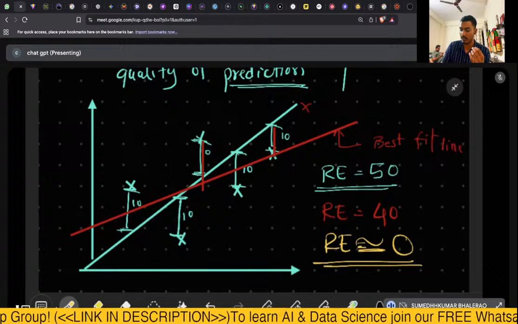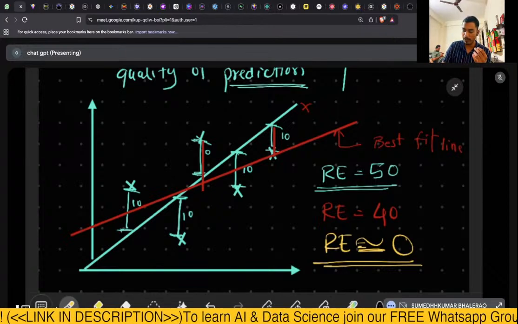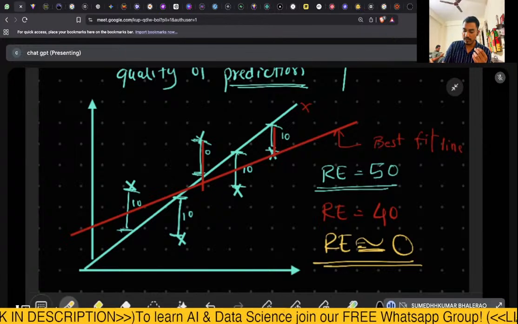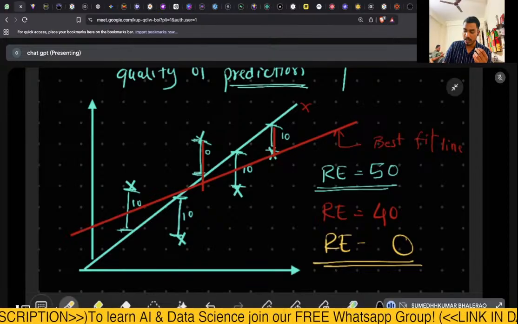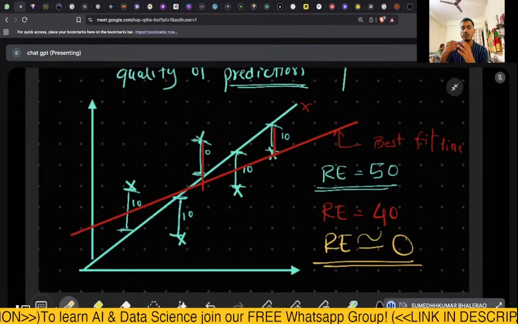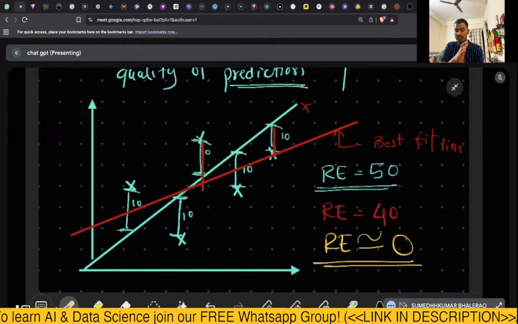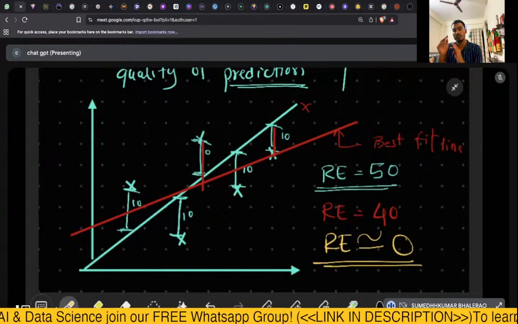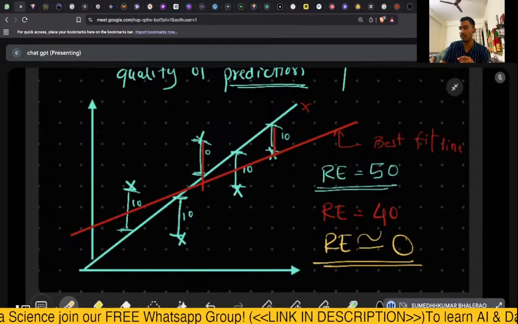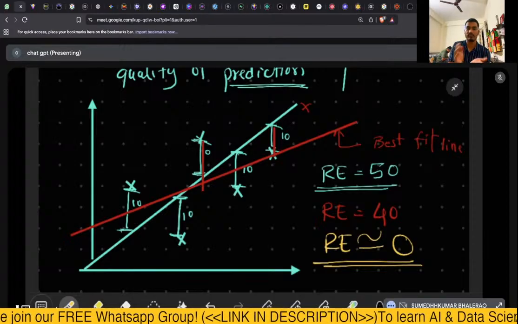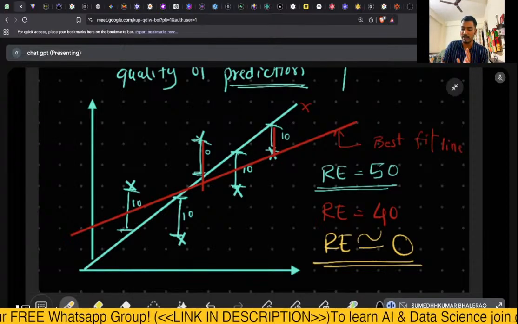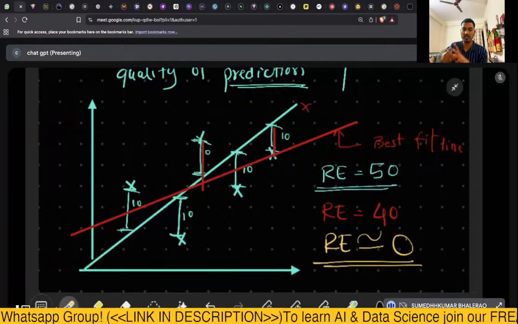That we will learn later. It will try to find a line which has a residual error almost zero.